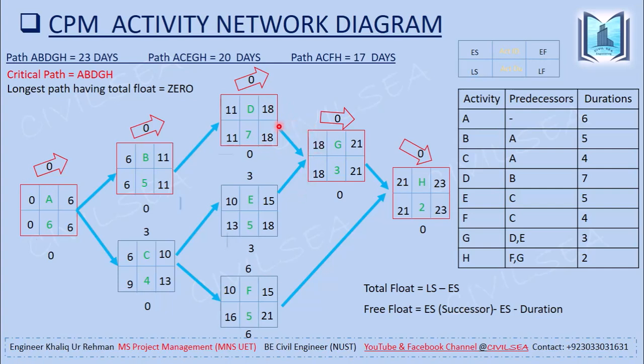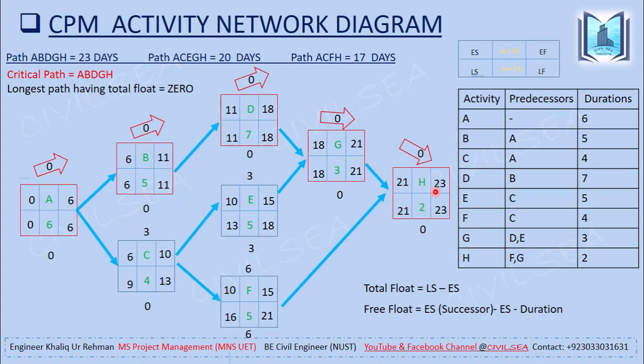So 18 will be forwarded and that becomes the early start of activity G. The early start of activity G plus its duration is equal to 21 days. Similarly, this 10 plus 5 is 15, and out of these two, 21 and 15, 21 is greater, so we will move forward 21 and that will become the early start for activity H.